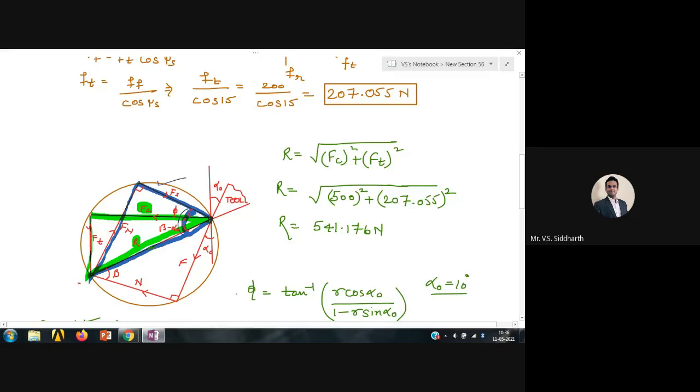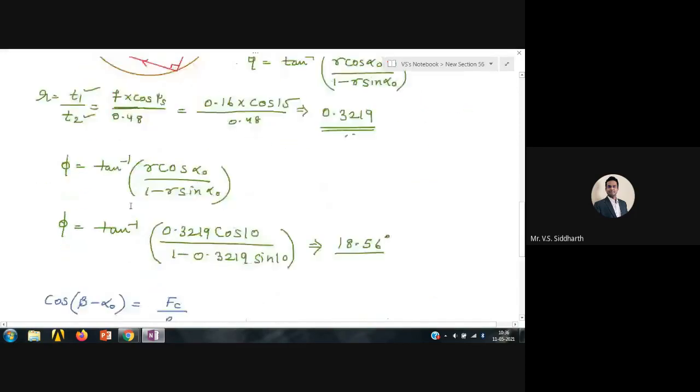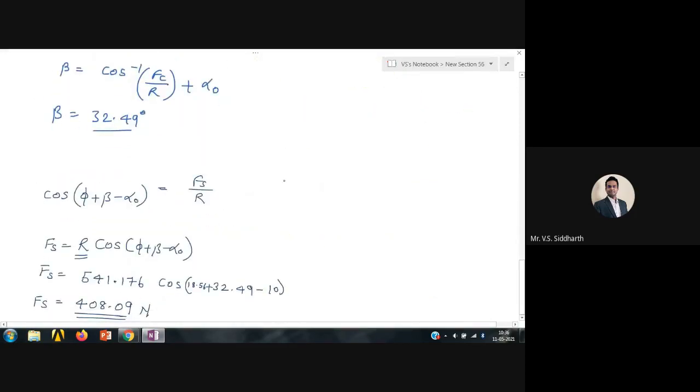Now can you calculate the normal to Fs? You can easily calculate it. All you have to do is take sine(phi plus beta minus alpha naught) in the triangle, and you will get normal to shear by R. So what is the value of normal to shear? Ns equals R into sine(phi plus beta minus alpha naught).